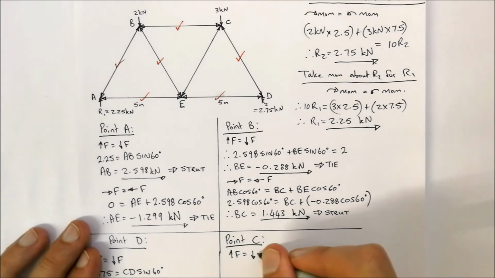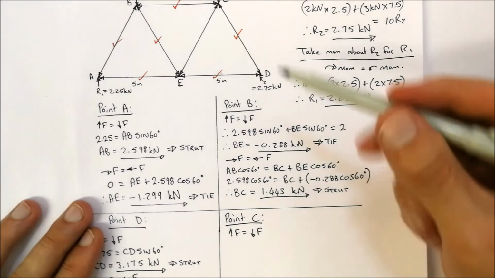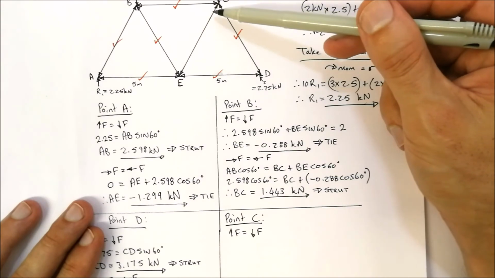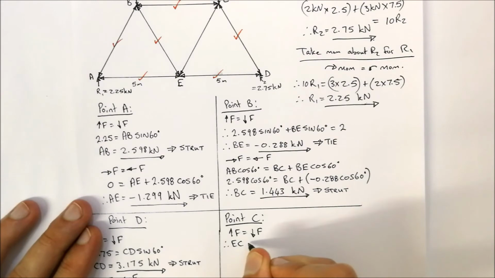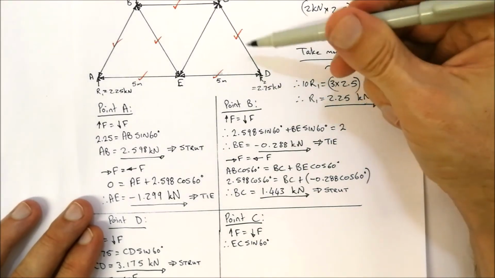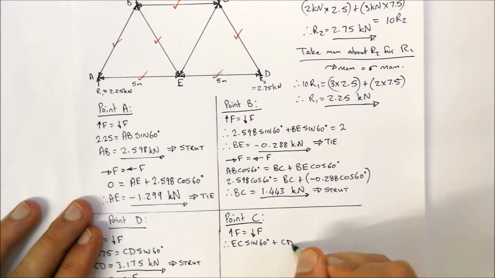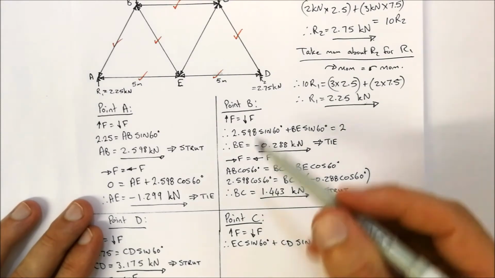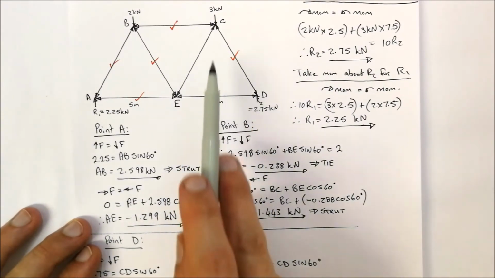Okay, so upward forces are equal to downward forces. Let's have a look. What upward forces do we have over here? Well, we've got EC sine 60. We've also got CD sine 60. There are no other forces going in the upward direction. What forces are going downwards? Well, it's 3 kilonewtons.